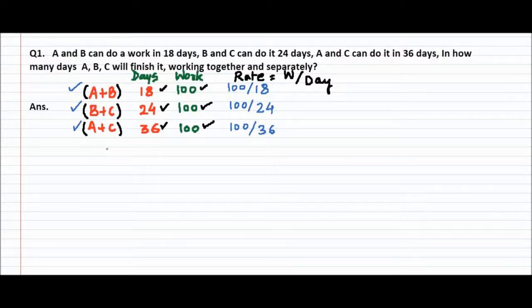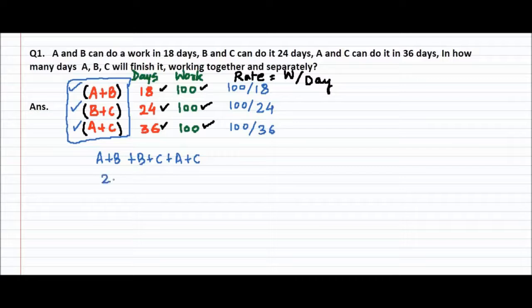Now remember this very important step where I am going to add all of them. So what I will do, I'll write A plus B, then B plus C and A plus C. I am doing the addition. Okay, so very simple.